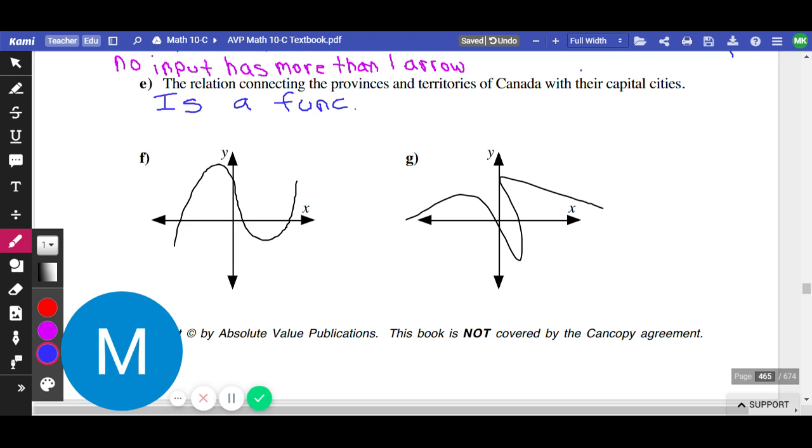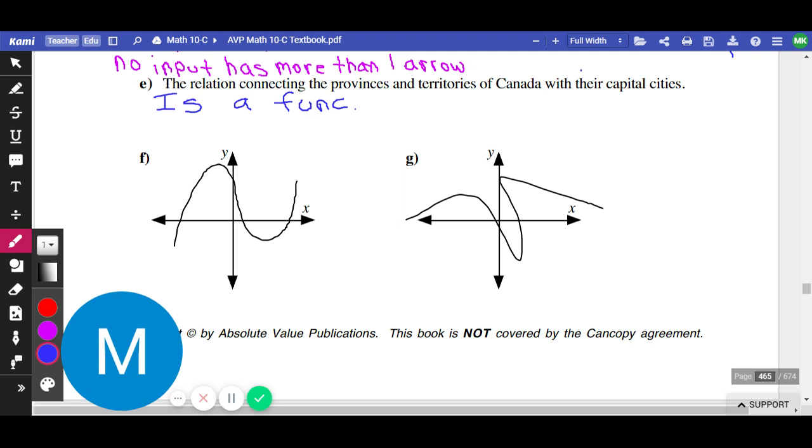Looking at F and G, we have graphs. That means we're going to try the vertical line test, right? If I take a vertical line across graph F, will I ever touch graph F twice? If I run a vertical line across it, I'm always only touching once. You'll notice this graph is always moving towards the right.